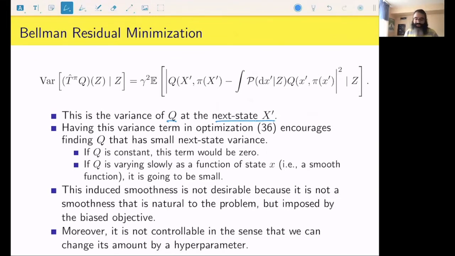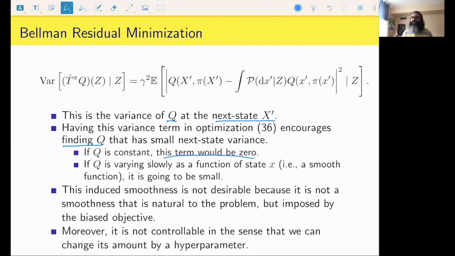So having this variance term acts like a penalty when we put it in an optimization problem. It encourages finding a Q that has a small next state variance. So what does it mean? If we find a constant Q, this term would be 0. And since that term is non-negative, that's the minimum of it.